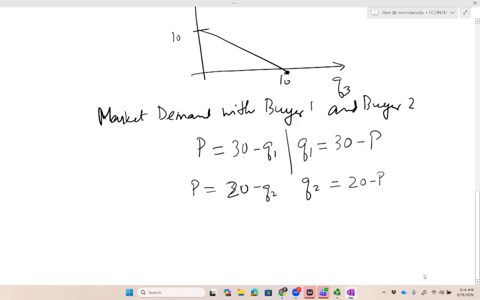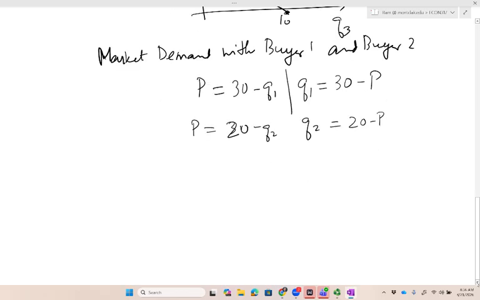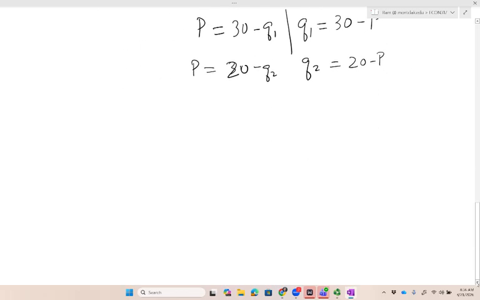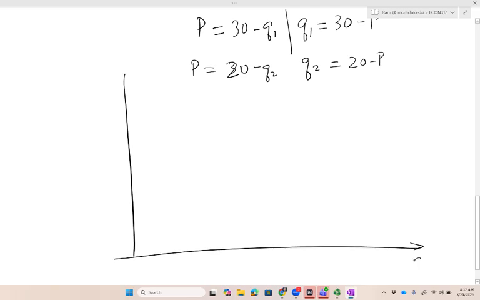And now let's try to draw the market demand. We must note that buyer 1 is able to buy the output at any price below $30. So I will have Q1 plus Q2, and that is what I want to write as Q. I have price on the vertical.